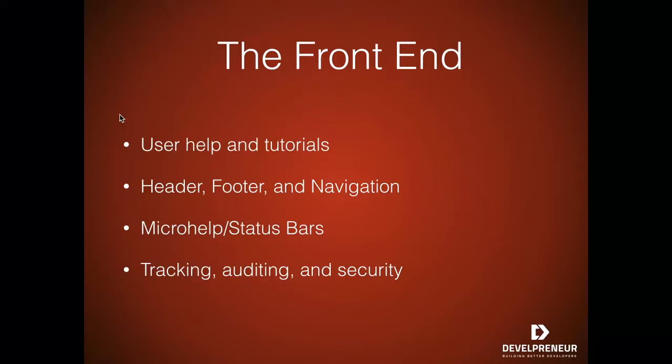On the front end, we don't think about it very often. We've talked about security, but tracking and auditing, an audit trail for the users, is sometimes a front end piece. In particular, if you think about some of the tools we've talked about in the past, like Lucky Orange and Crazy Egg and some of those other tools that are out there, and even Google Analytics, that are tracking users as they go through an application, you may have to have some sort of a tracking code.